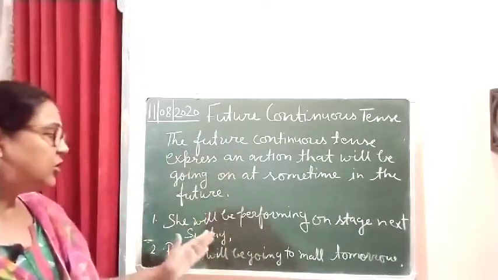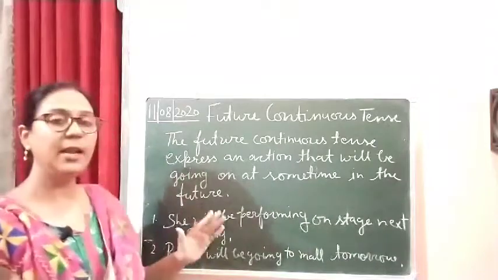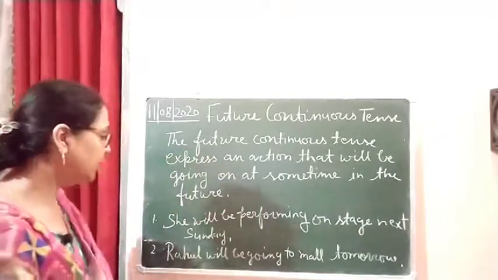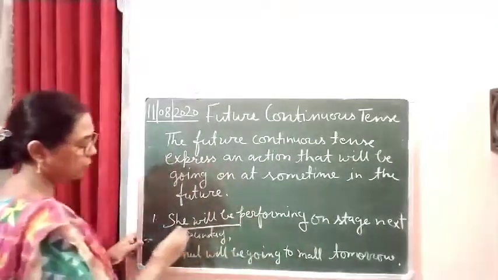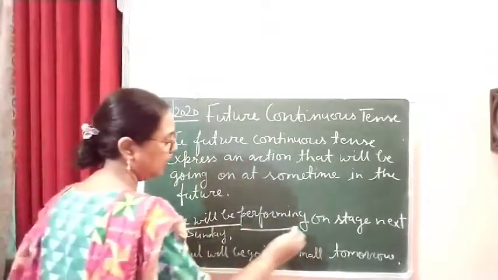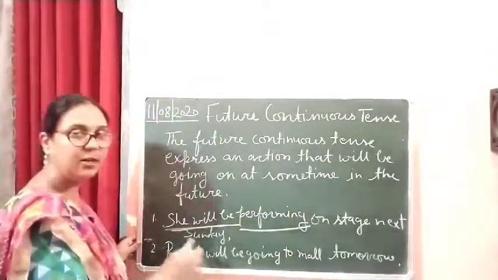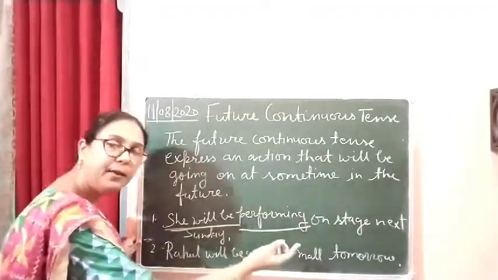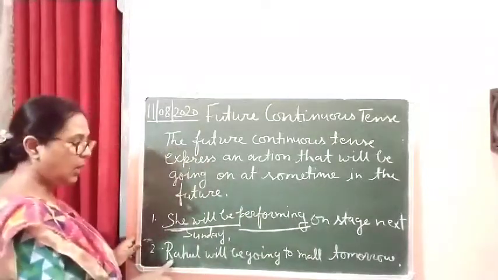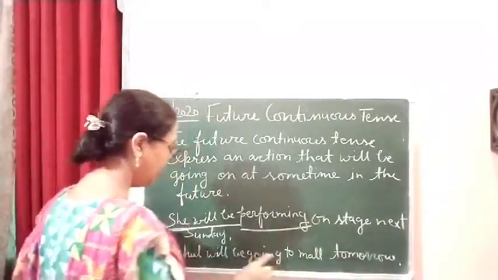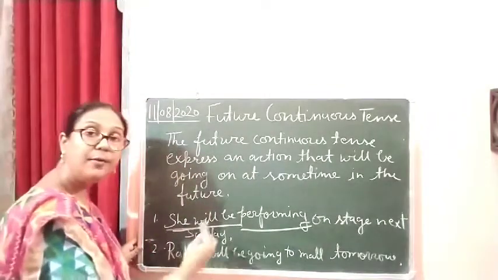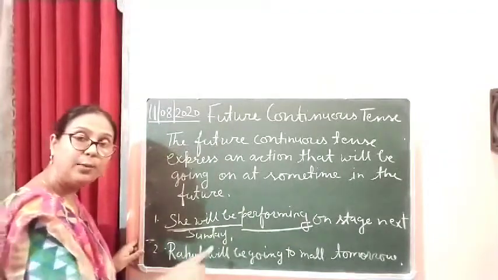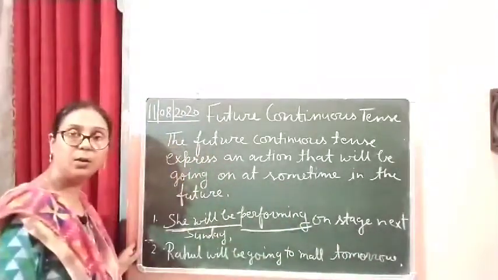For example, she will be performing on a stage next Sunday. So here, she will be performing. You just pay attention over here. It means this action is going to happen in future. Now, Rahul will be going to the mall tomorrow. So this action will be done tomorrow.